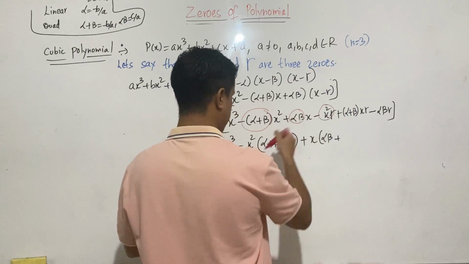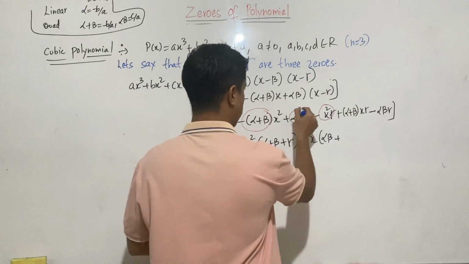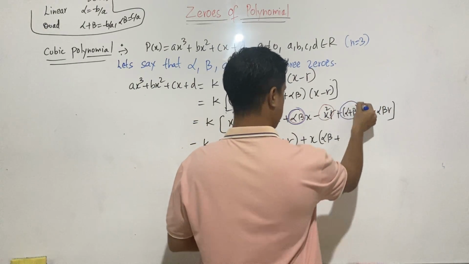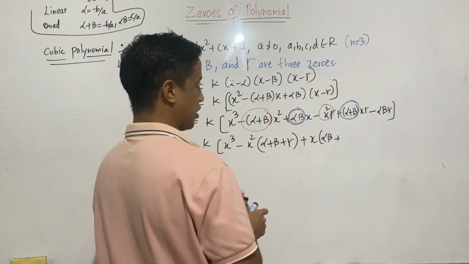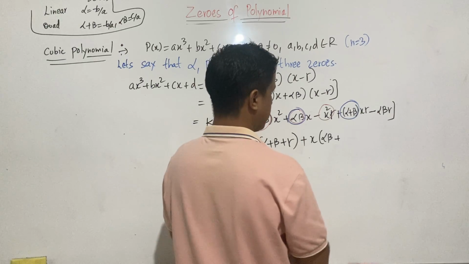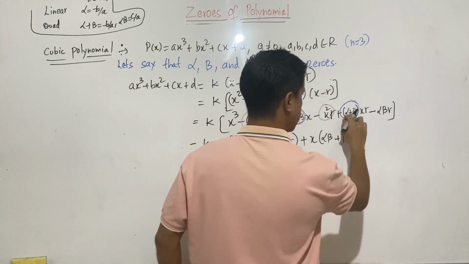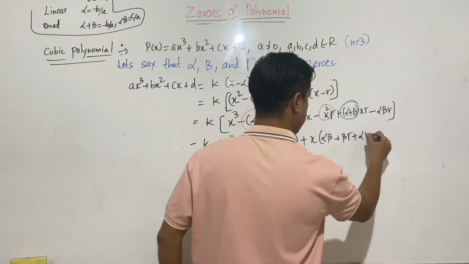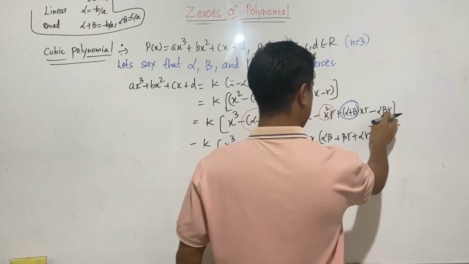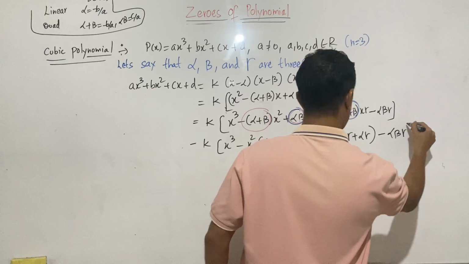Alpha beta, sorry, I can use this blue, alpha beta, and here this one. So alpha beta plus beta gamma, and alpha gamma. And here in the end, just minus alpha beta gamma.